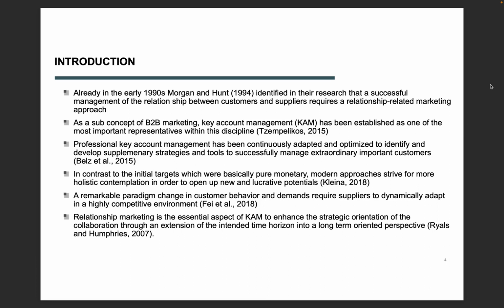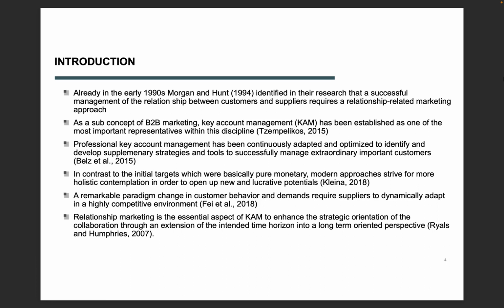It's meant to open up new and lucrative potentials. The idea is not to only sell the product, but to have an entire key account management team established, to have the relationship as the basis of key account management, and use the power of the relationship in order to make business, based on, as mentioned, relationship marketing theory.